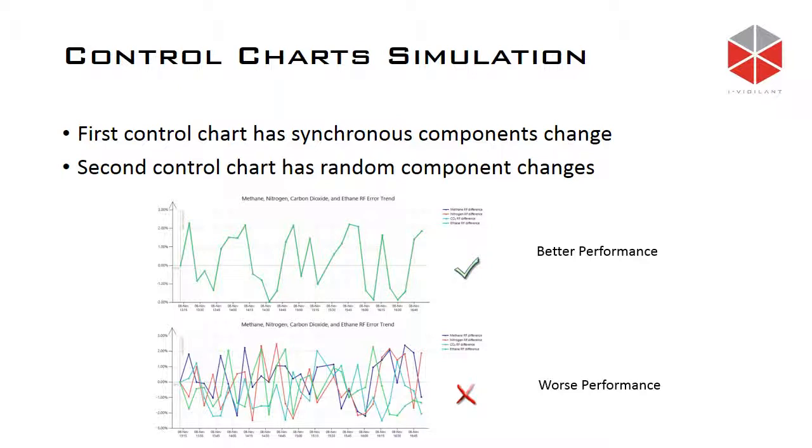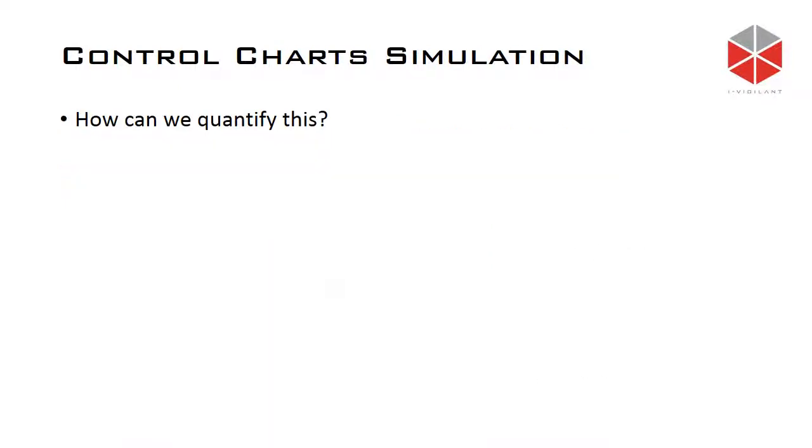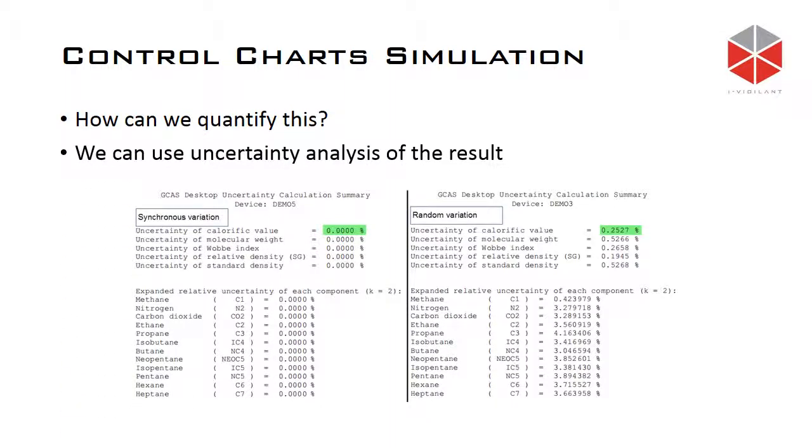So now we know visually that the first chart is better than the second chart. But how can we quantify it? We can use the uncertainty analysis of the result. See the result here: the CV uncertainty is all 0 on the first chart, and it's quite a high number on the second chart.